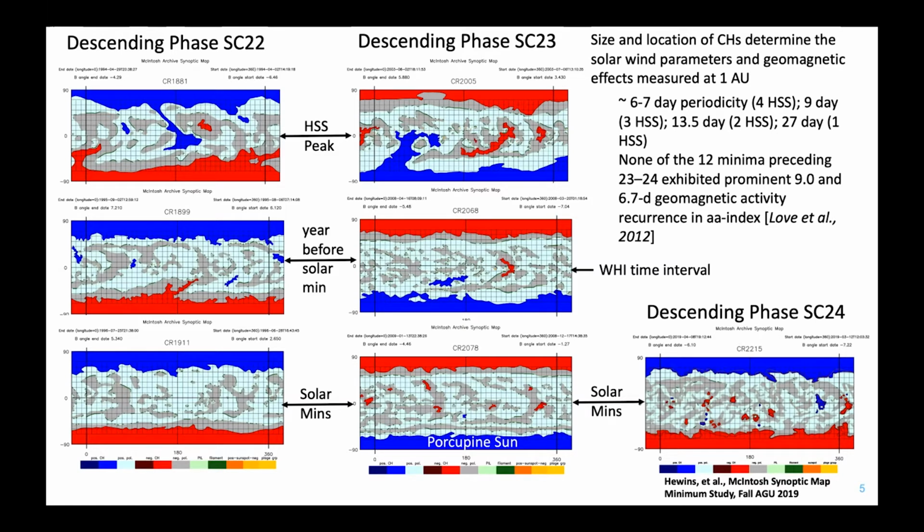And in a lot of parameters in geospace, 6 to 7 day periodicity showed up, and 9 day periodicity, 13.5 and 27. And none of the minima preceding the 23-24 minima actually showed 9 and 6.7 day geomagnetic activity occurrence in the aa index and in other parameters.